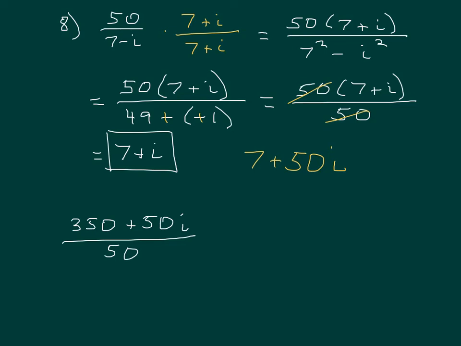And you canceled out the 50. 50 goes into 50 one time, and 50 goes into 350 7 times, but you didn't factor out this 50. So when you have a sum in your numerator, this denominator has to factor out in all of the cases. So your answer was 7 plus 50i, and if you had canceled out this 50, because 50 over 50 is 1, you would have gotten the correct answer.